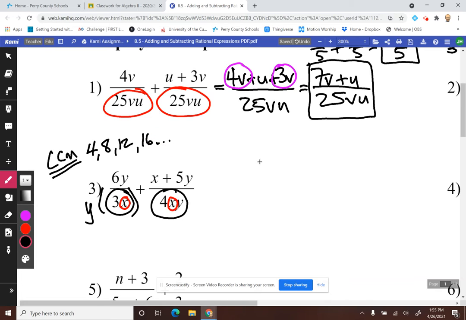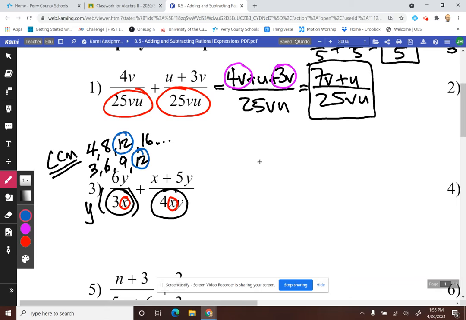So now I'm going to think about the multiples of 3. 3, 6, 9, 12. Did you hear something repeated? As a matter of fact, you did. And you'll notice that the least common multiple, the least number that they share in common, is actually a 12, okay? Which means that I need to get both of these terms to come out to a 12.